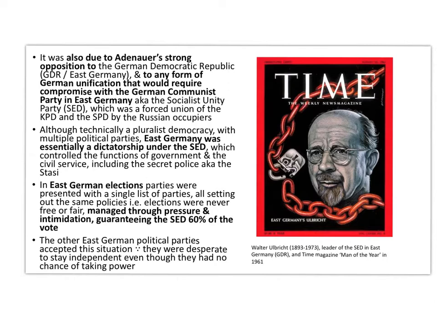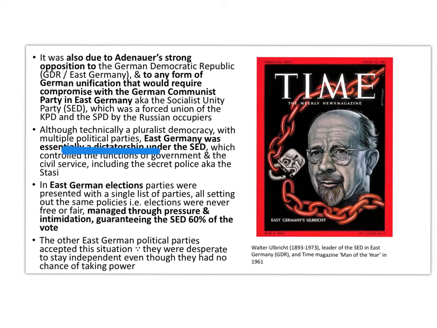As you know, the German Communist Party was called the SED. Strictly speaking, East Germany was a pluralist democracy, meaning that multiple parties were allowed to operate. In actual fact, East Germany, run by Walter Ulbricht, who's pictured there, was essentially a dictatorship under the SED.